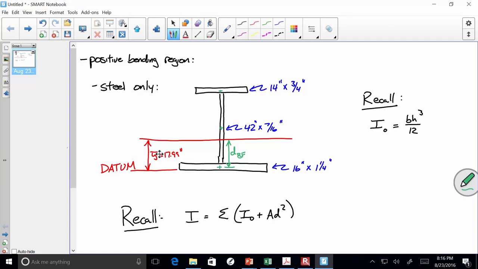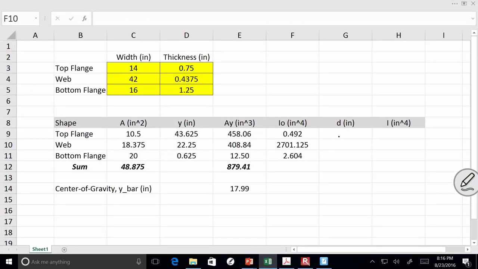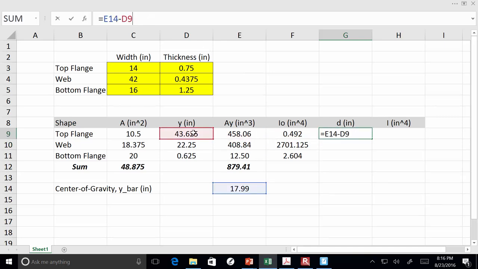So how do I do this? I go to Excel, and if I want to calculate this D distance, I take the centroid of the whole thing minus that. If I want this one, it's that.